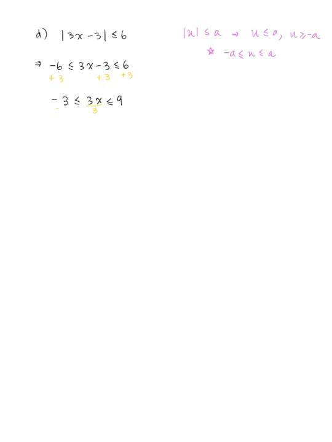Dividing by 3, it looks like what we're going to get is negative 1 less than or equal to x, and then less than or equal to 3. Alright, so the graphical solution set is going to be, here is our negative 1 and here is our 3. x is sandwiched between negative 1 and 3, so our solution set is going to be in here.